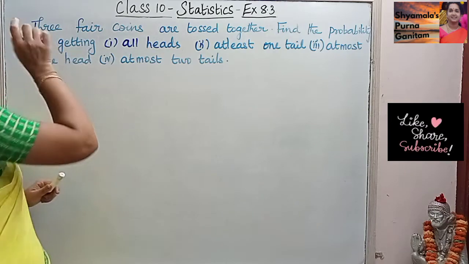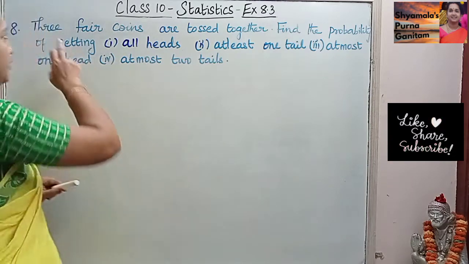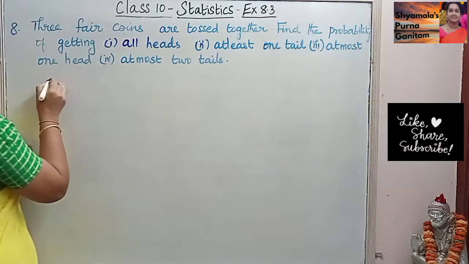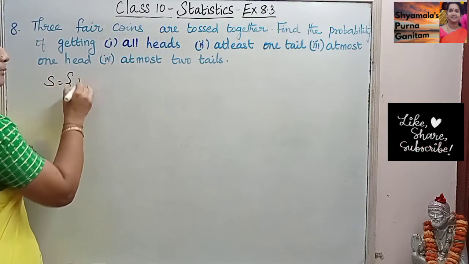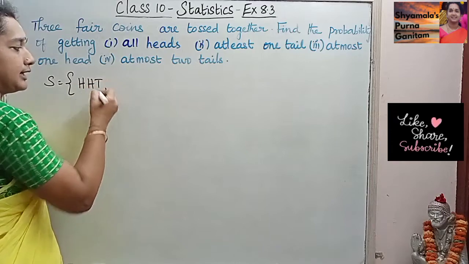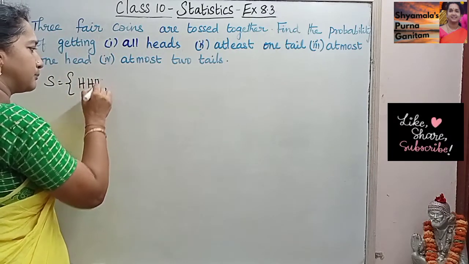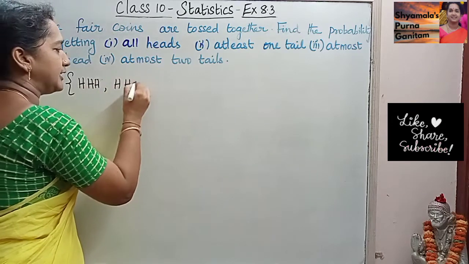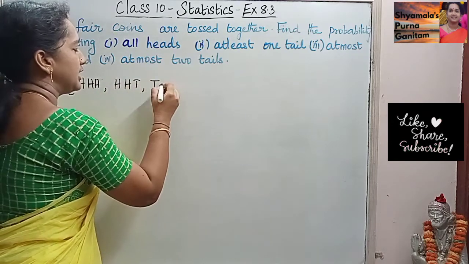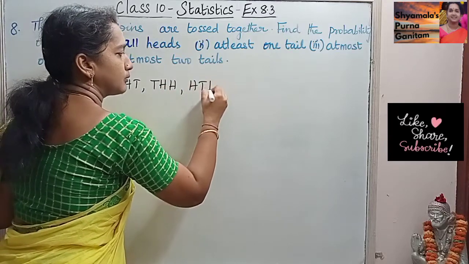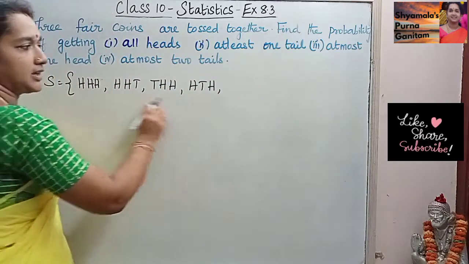First, we will write the sample space for the given information. 3 fair coins are tossed together. So the sample space will have 8 outcomes. First one is 3 heads, then 2 heads and a tail, where the tail will be in the first or in the middle position. These are the 3 things.